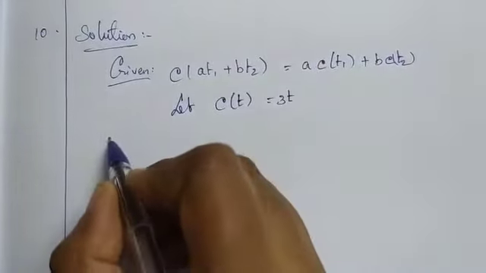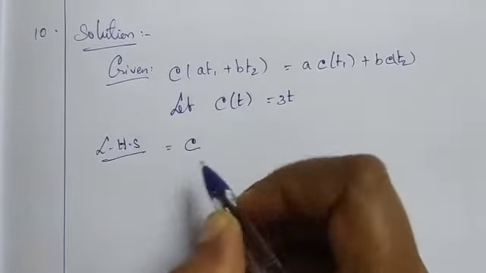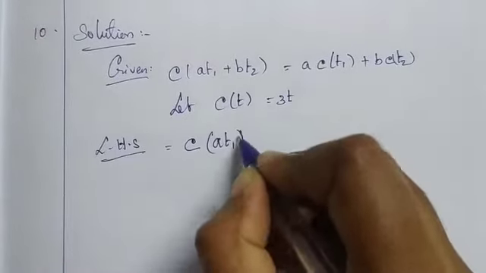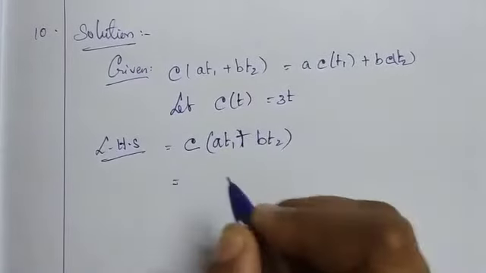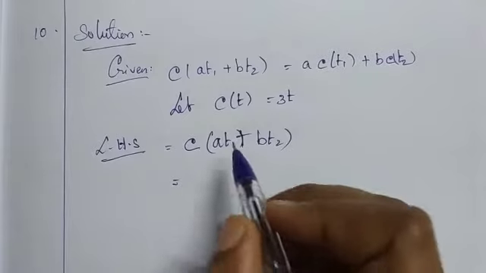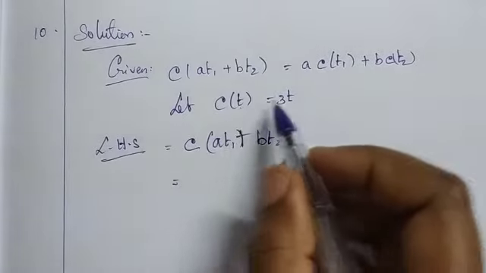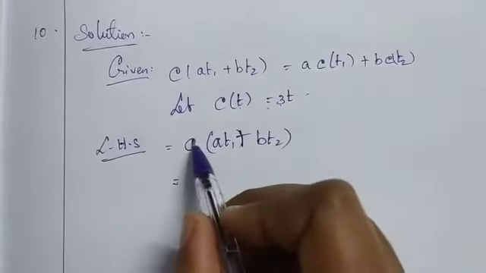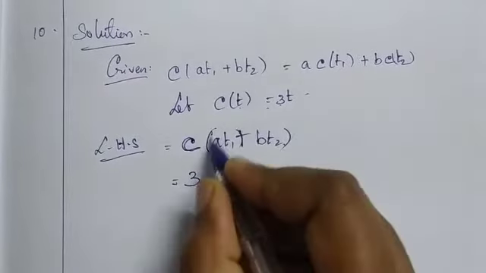That is, take the left hand side. Left hand side is equal to C of at1 plus bt2. C of t is equal to 3 into t.